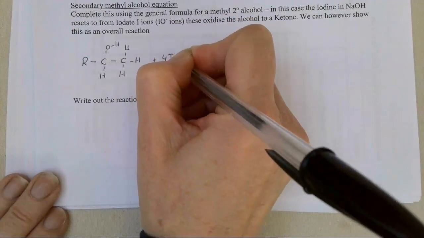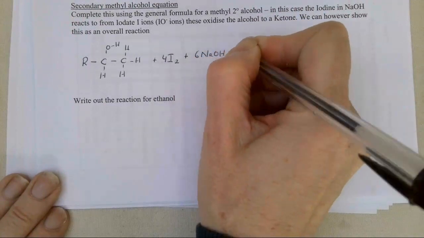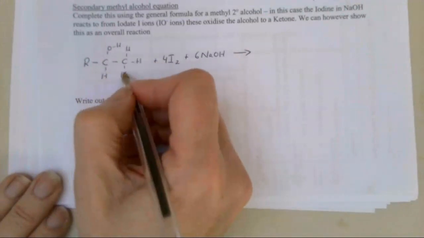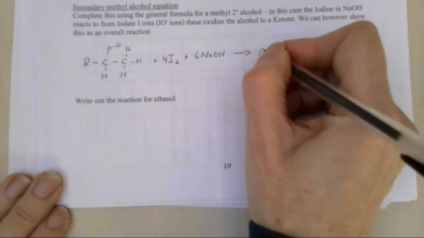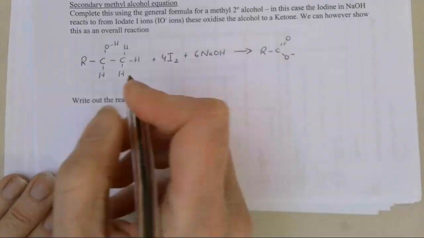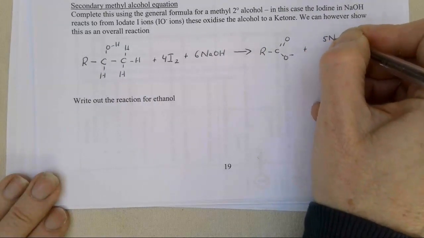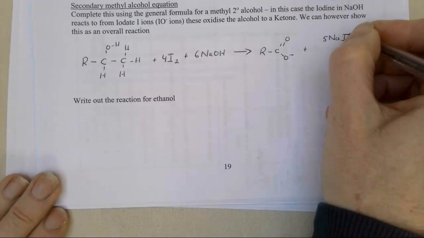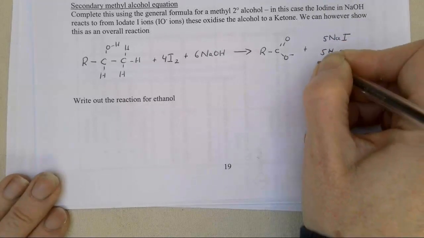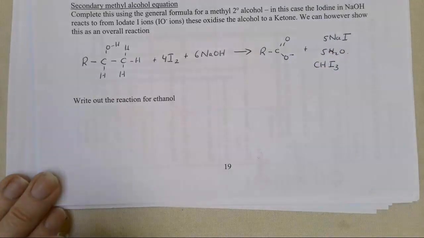The only difference between this one and the one above is it balances slightly differently, but other than that, the reaction is pretty much the same. Notice again, I've lost that group on the end, making my carboxylic acid salt. So I've got 1 less carbon. I've now got the same products. I've got some sodium iodide, some water, H2O, and I've got my CHI3, my triiodomethane.